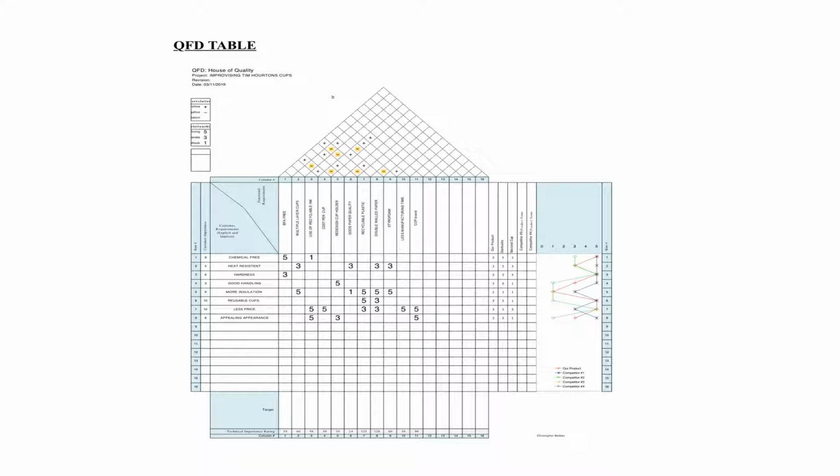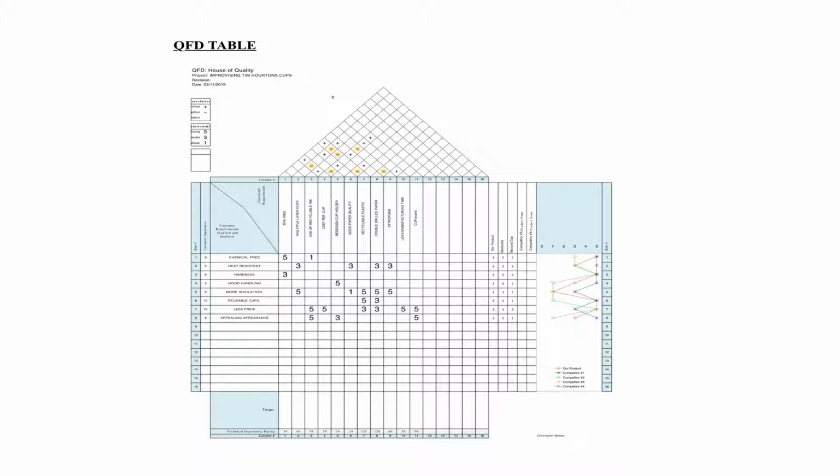The horizontal column represents the engineering solutions for it. And basically in a QFD table, there are two components, which are called correlations and interrelationships. The interrelationships are the relationships between the customer requirements and the engineering solutions.